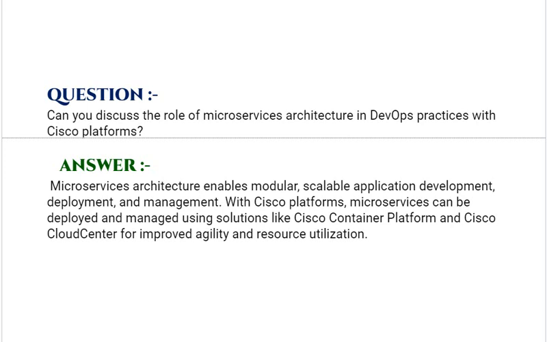Our interview question based on DevOps solutions and practices is: can you discuss the role of microservices architecture in DevOps practices with Cisco platforms? Your answer should be: microservices architecture enables modular, scalable application development, deployment, and management.